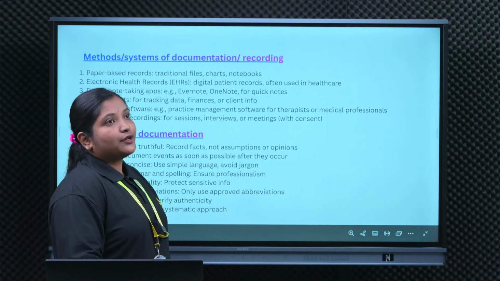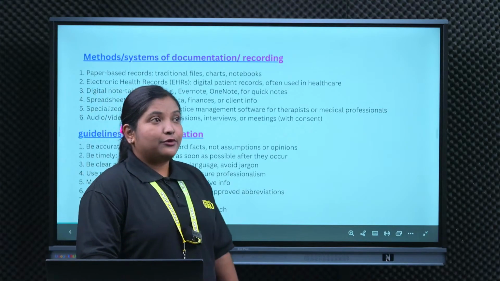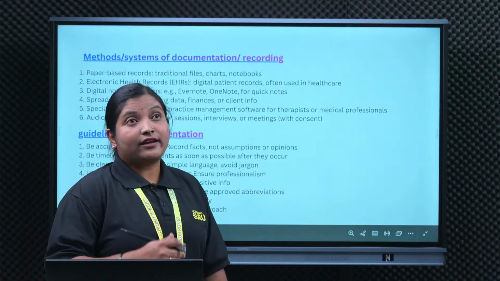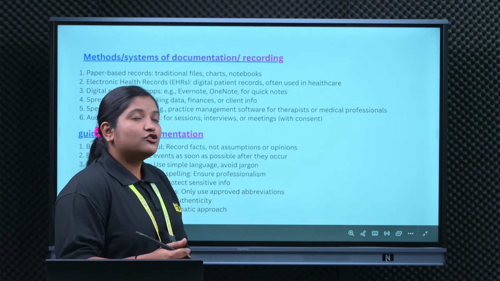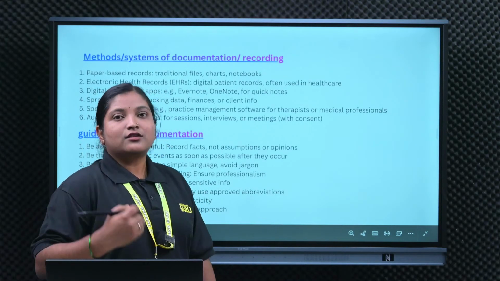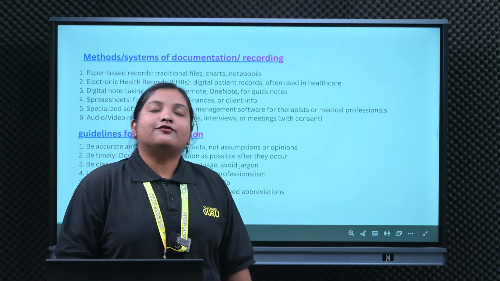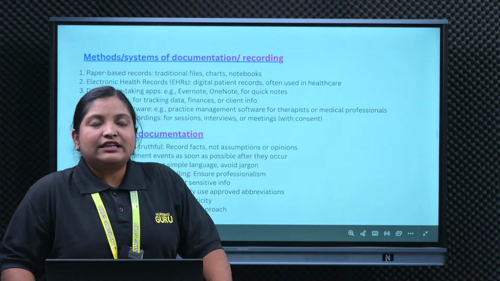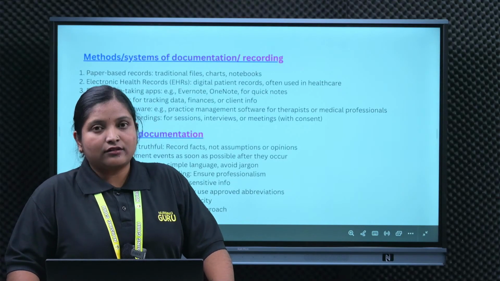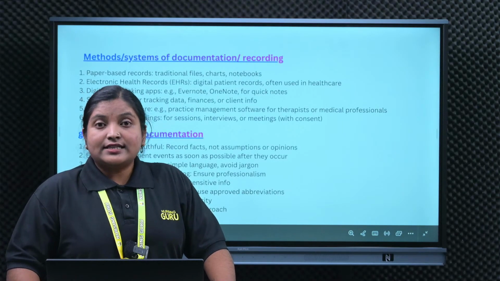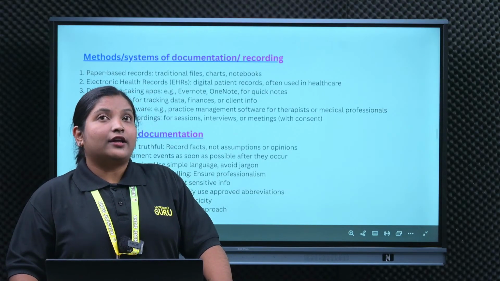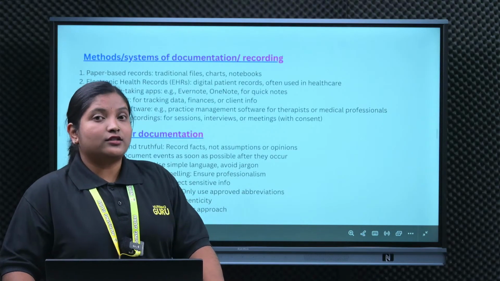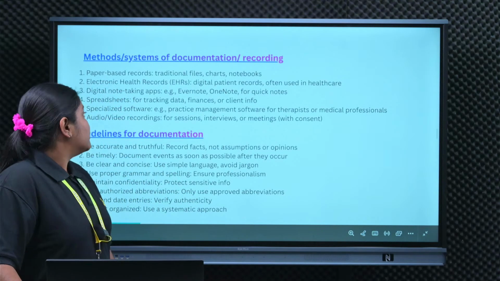Even lab reports should be kept in a digital way only, so they use certain software. Because of that, we can give quality care as well as quick and easy care to patients. We don't lose the time and patience of the patients. That is one of the advantages of this.